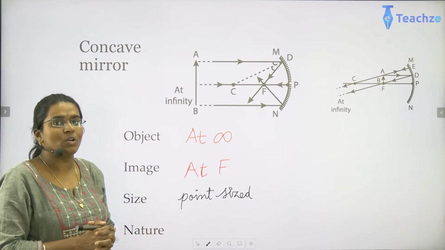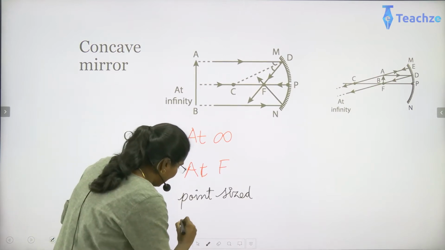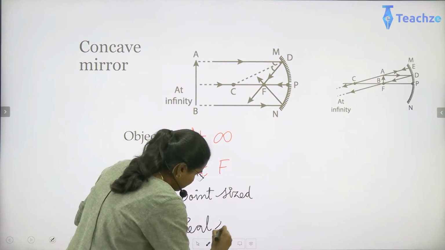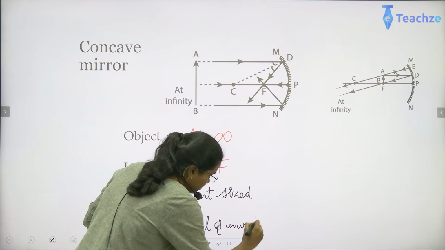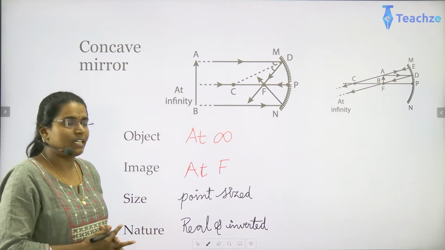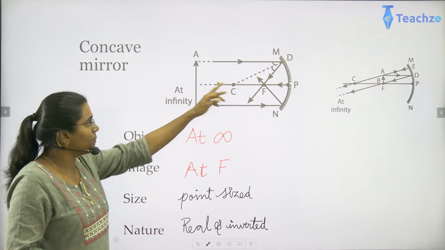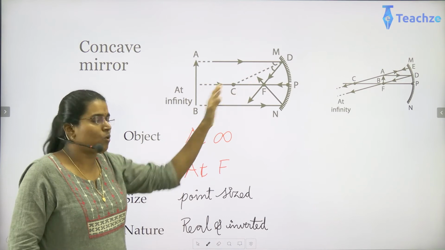Will it be real or virtual? It will be real and inverted. Okay, this is the first case. When I keep the object at infinity, my image is at the focus.